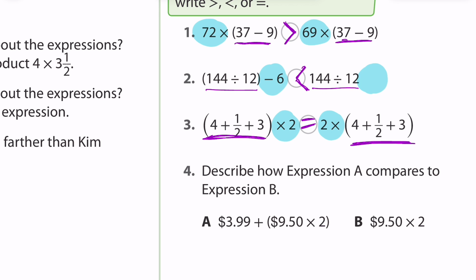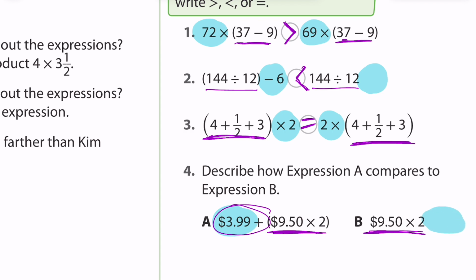Number 4, describe how expression A compares to expression B. So they both have $9.50 times 2. But then this one has plus 3.99.